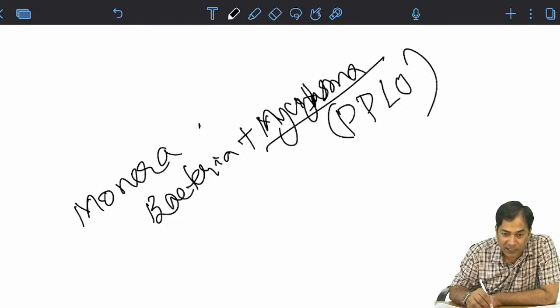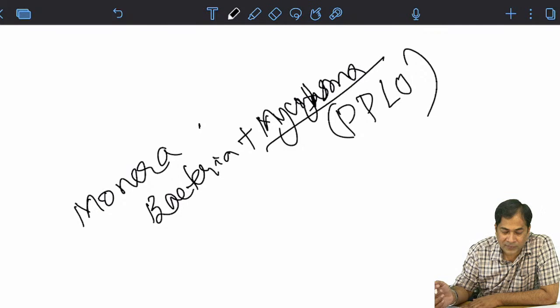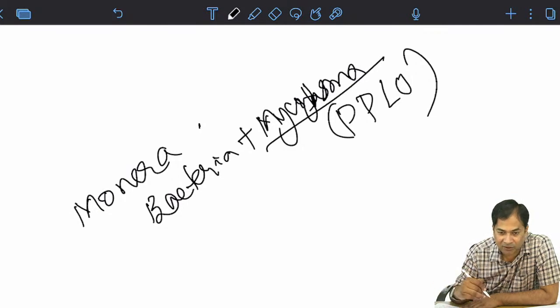Now you may ask, then what about virus? Virus is smaller than Mycoplasma, but virus is not considered completely as a living organism, because virus has properties of both living and non-living. How? When virus is outside the body, it is like particles, or like a non-living entity. But when it enters the living organism, it uses the metabolism of that living organism.